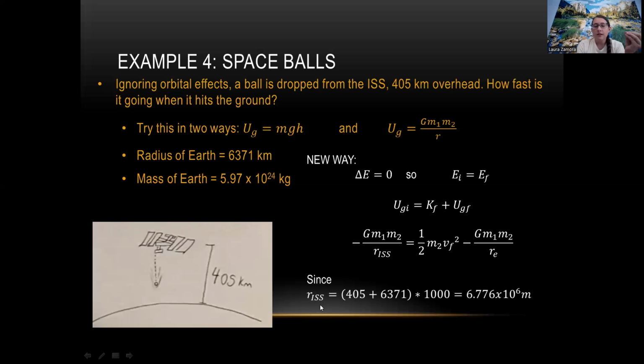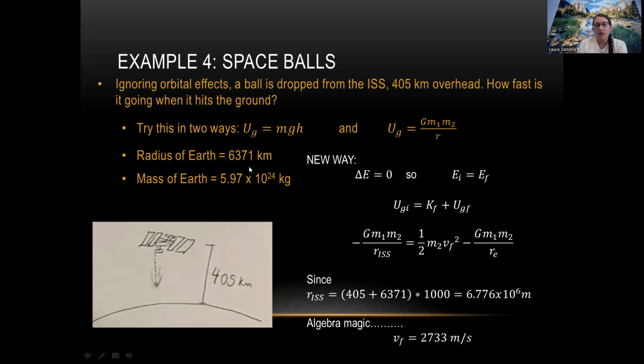Okay. So the radius of the International Space Station is not just the height above the surface, because remember, these distances are measured from the center of the Earth. So we have to have the altitude of the International Space Station plus the radius of the Earth. And since those values are in kilometers, I'm multiplying by 1,000 to get it to meters. So once we plug in our values, the radius of the International Space Station is this number.